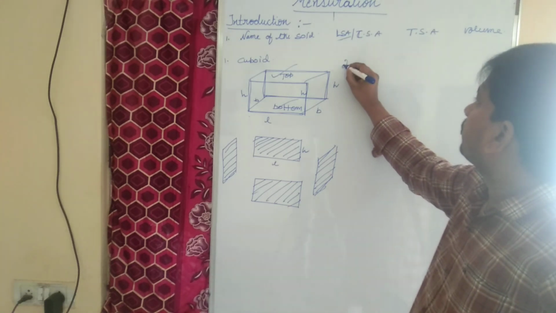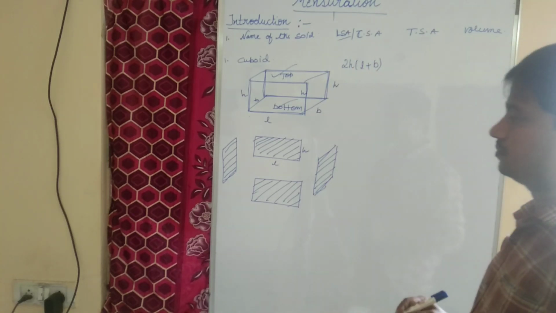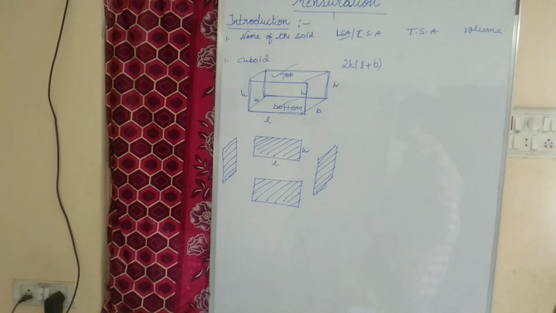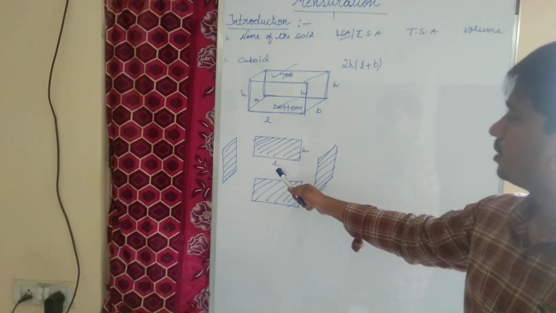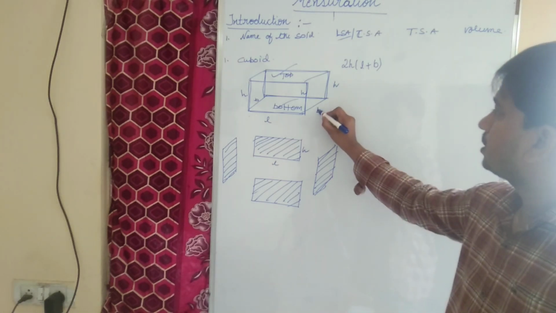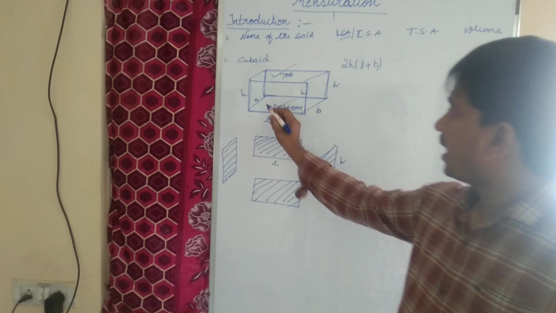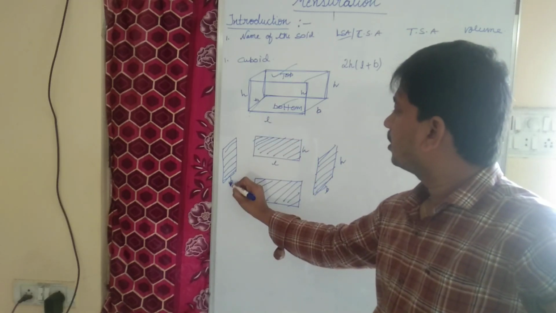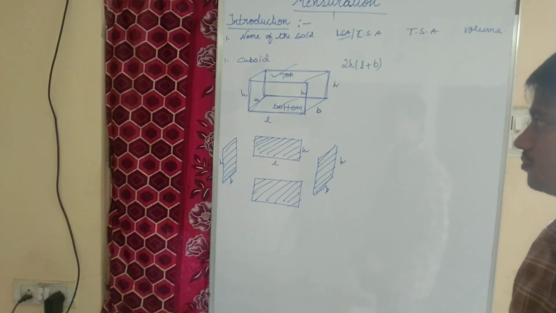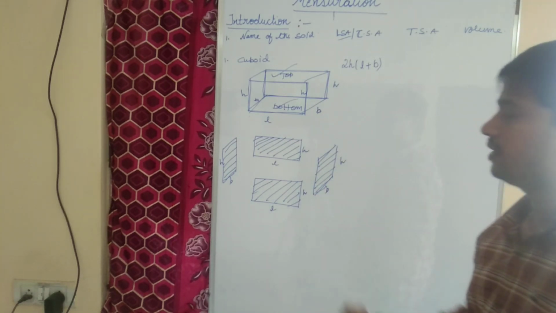Lateral surface area of cuboid is 2h into L plus B. 2h into L plus B, right? So this is LH, right? What is this? This is our base and this is height, as well as this is our base and this is our height, as well as this is our L and this is our height.